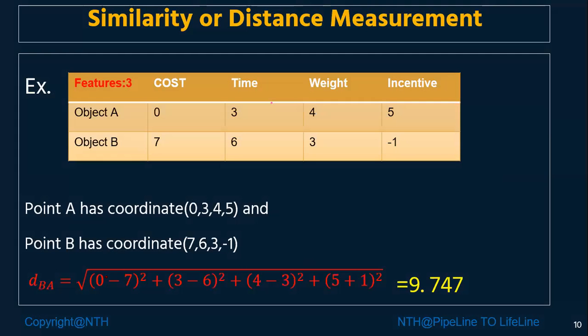So now here 0 minus 7, whole square, plus 3 minus 6, whole square, plus 4 minus 3, whole square, plus 5 minus minus 1, where minus minus will become plus, so 5 plus 1, whole square. So probably this is the distance, the closeness between A and B, which are the objects, isn't it?